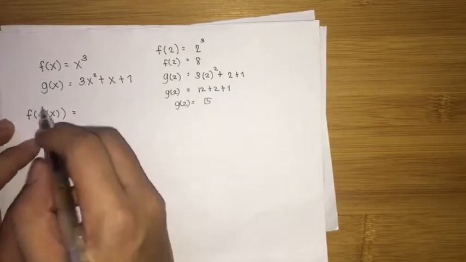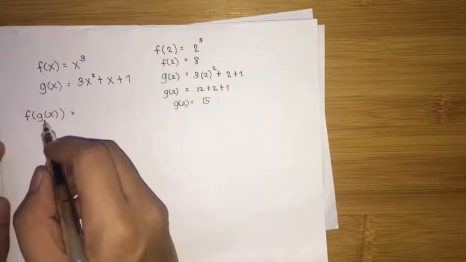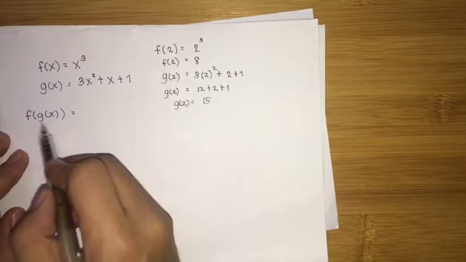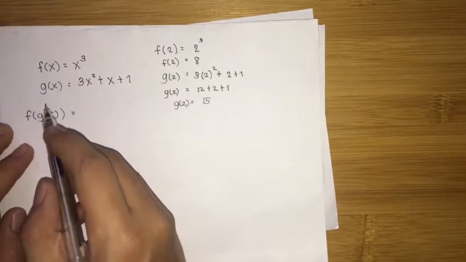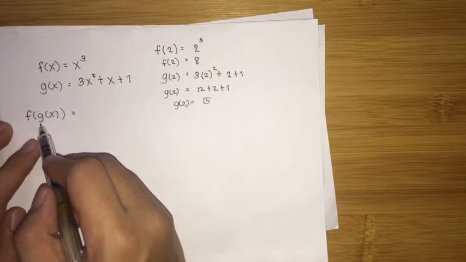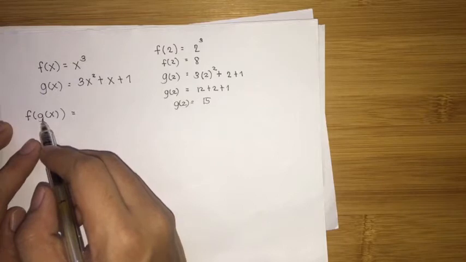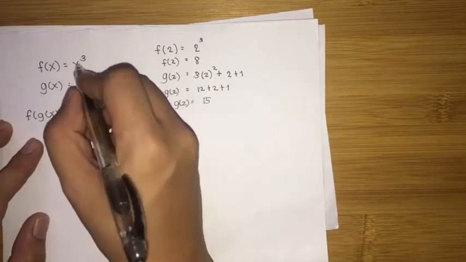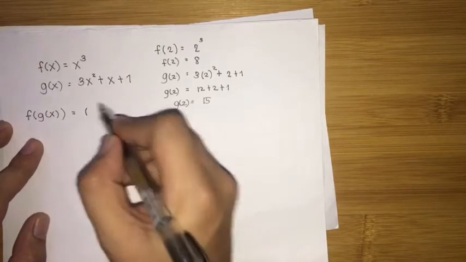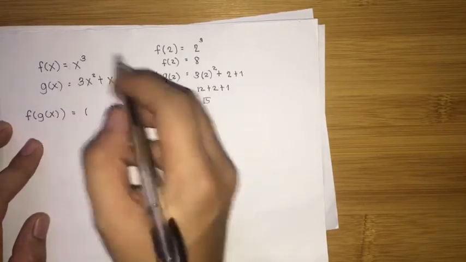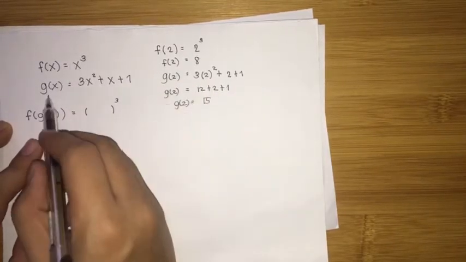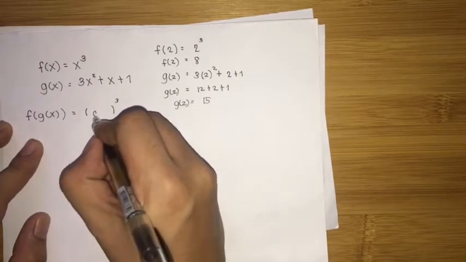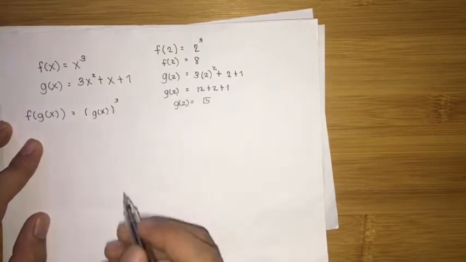So, this time, in case na, instead na numerical value ang magiging nasa loob natin ng parenthesis, yung mismong function, which is g of x. So, therefore, kung f of x natin ay x cubed, papalitan natin lahat ng x niya ng g of x. So, let's say g of x.